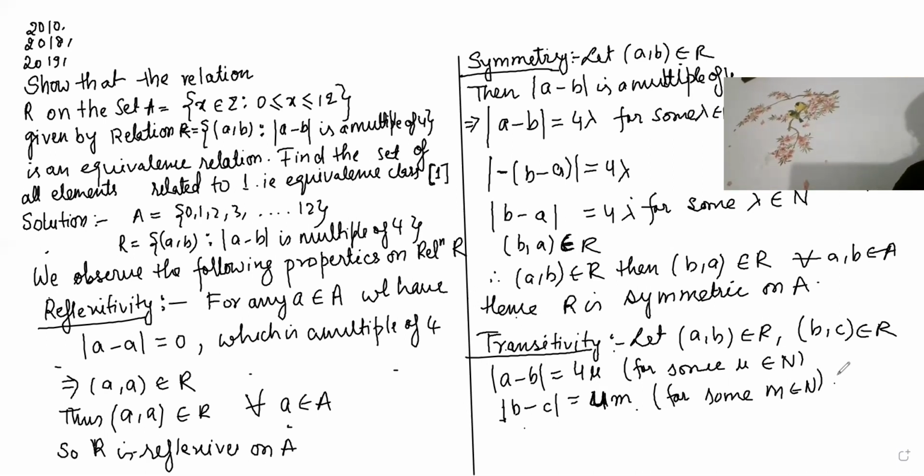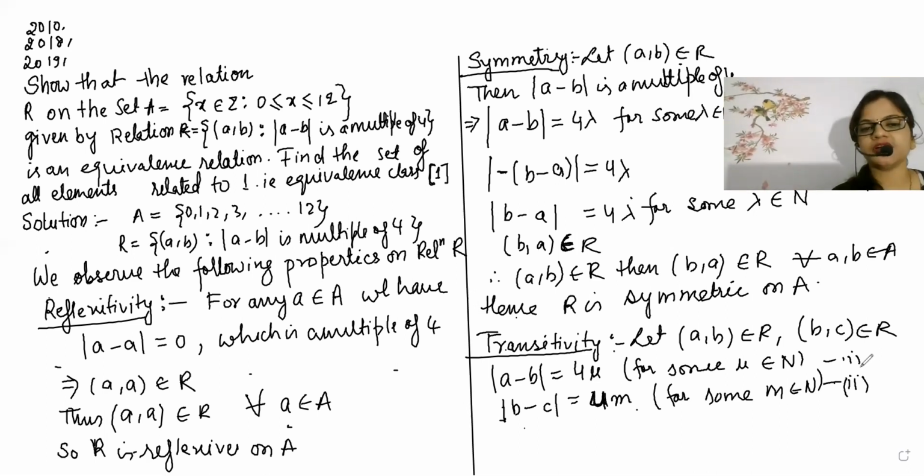Now take this as equation 1 and this as equation 2. How do we represent this nicely?